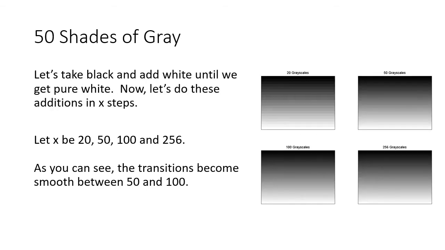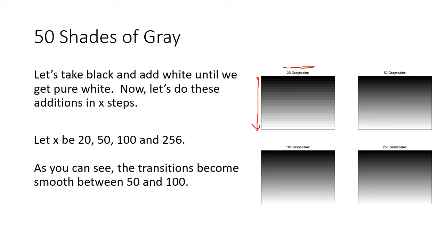Let's take black and add white until we get pure white. And let's do these additions in x steps, where the x is 20, 50, 100, and 256. Here we have the example with the 20 grayscales, where we start from the black, and then we add white until we get to the actual white, going through 18 different levels of gray.